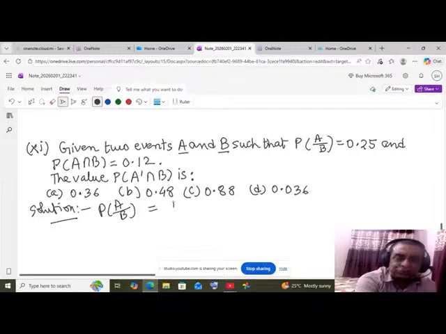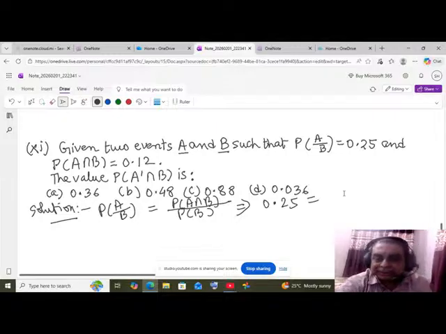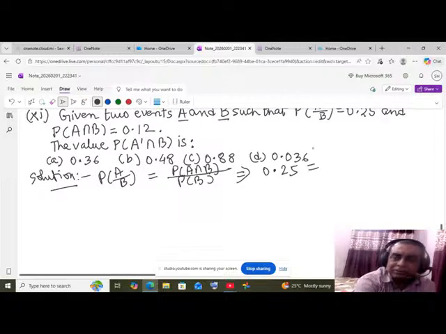The formula is probability of A intersection B upon probability of B. Now put the values. Probability of A oblique B is given in the question as 0.25, and probability of A intersection B is given as 0.12, upon probability of B.